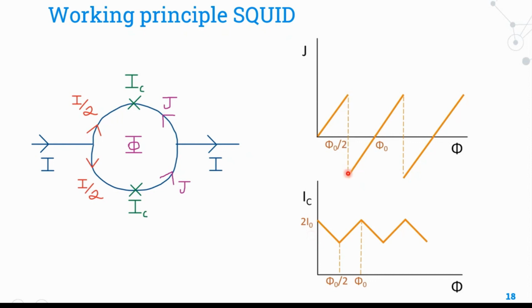So it will reverse here, and again restore the original state at the integer quantum number. This axis is for the magnetic flux, and this is for the critical current, which will be 2I0. If there is no circulating current, the currents add over here, and this will be the maximum 2I0.